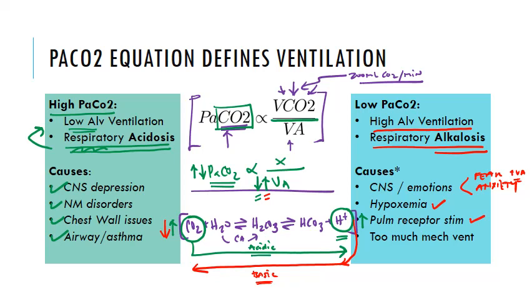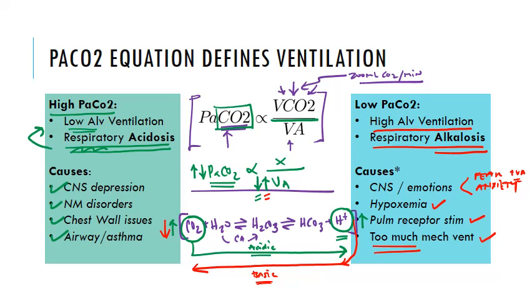We can have pulmonary receptor stimulation through things like pulmonary edema, pneumonia, pulmonary embolism. This triggers our respiratory center to increase alveolar ventilation. And then lastly, we can have iatrogenic events, which means that a mechanical vent might be in a setting that is too high and we are blowing off too much CO2.